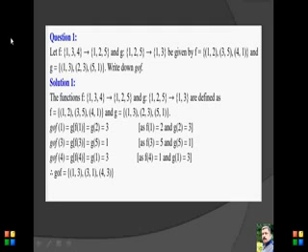So g of f(1) is equal to g of 2. Actually f(1) is what? 2. So in place of g of f(1), this is g of 2, and g(2) is what? 3. So this is a 3. Similarly g of f(3) is equal to g of 5, and this is equal to 1.